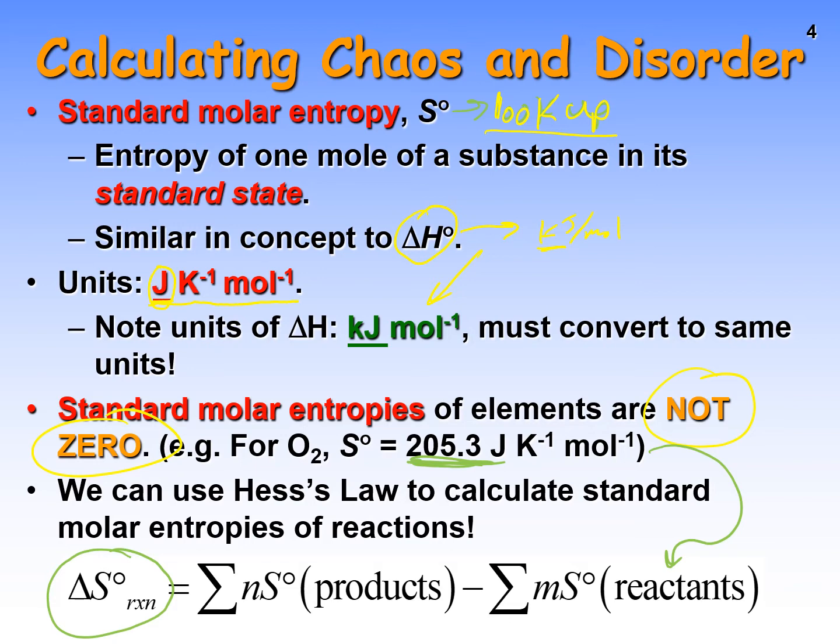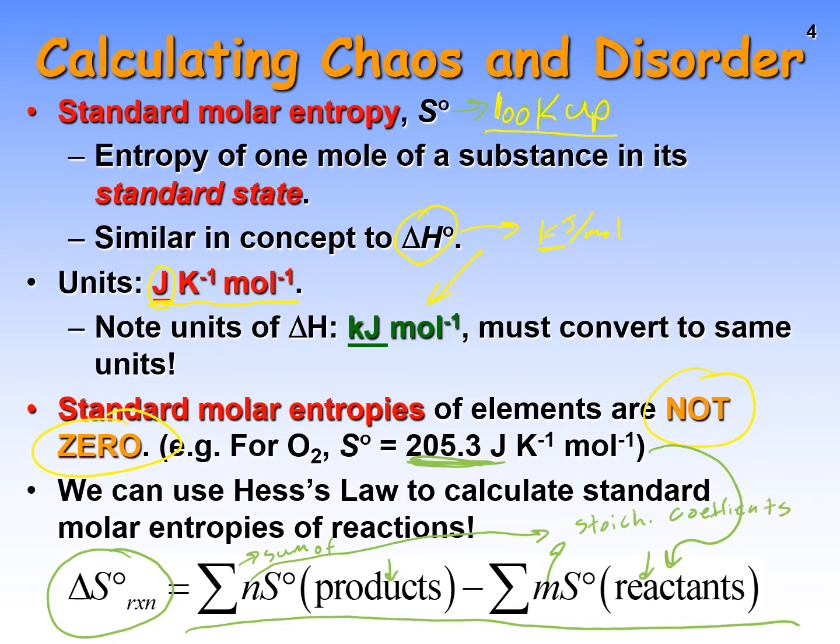So if I want to figure out whether my reaction led to more disorder or less disorder, I can calculate delta S naught of the reaction using Hess's law, which is the sum of the products minus the sum of the reactants, where the n and the m are our stoichiometric coefficients. We've used this equation before. Now we're just using it with S naughts as opposed to delta H naughts of formation.